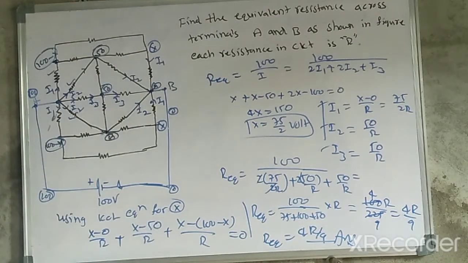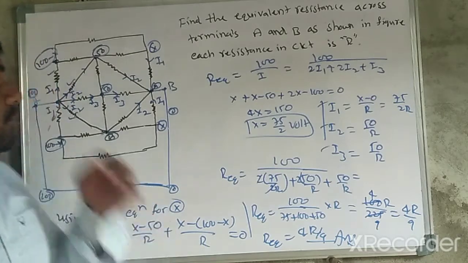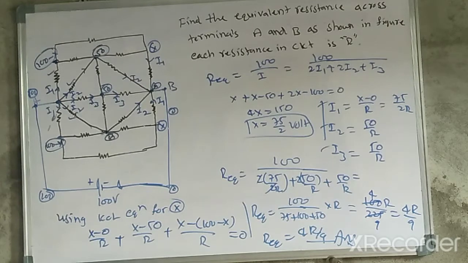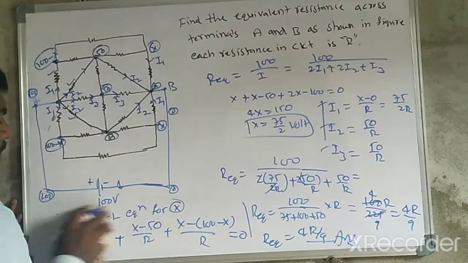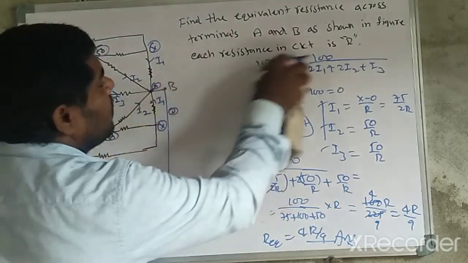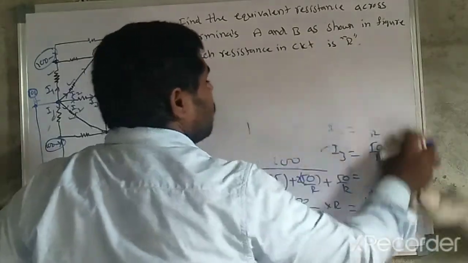So whenever they ask this type of question, you may do it like this. Here there is another shortcut method also. You may first identify whether the given circuit is symmetric or not. How to identify the symmetry?